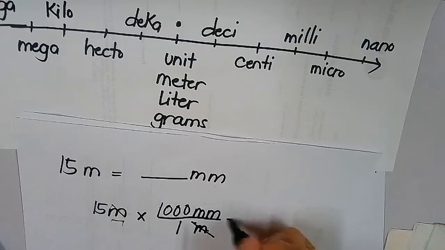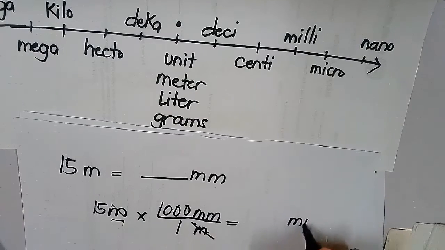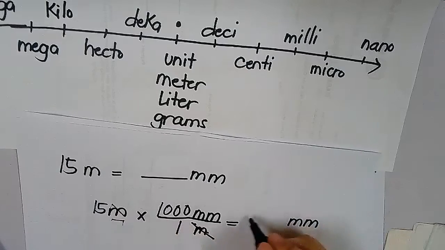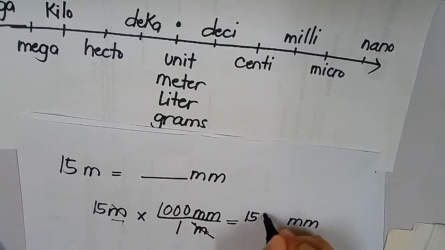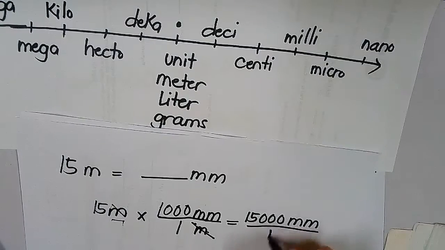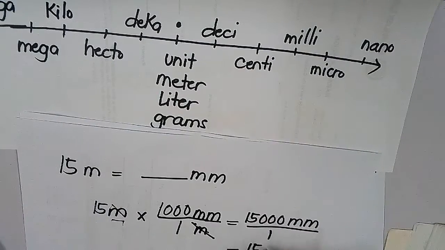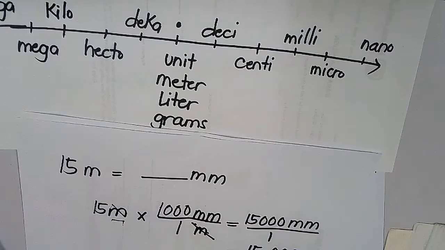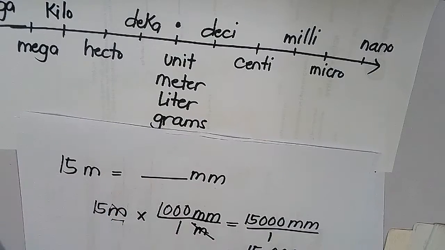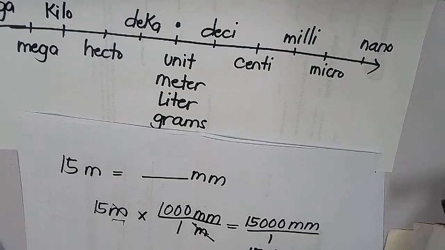It's cancelled. What is left is millimeter, and that is what we are looking for. So, 15 times 1,000 is equal to 15,000. Over 1 is also the same as 15,000 millimeters. So, there are 15,000 millimeters in 15 meters. Okay?